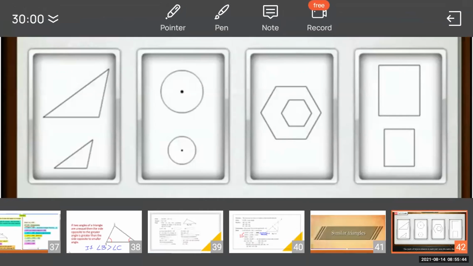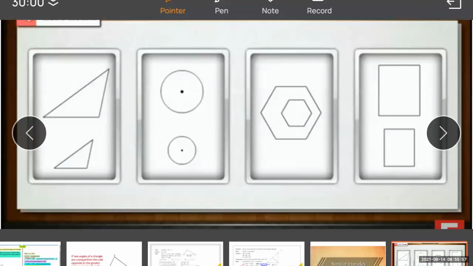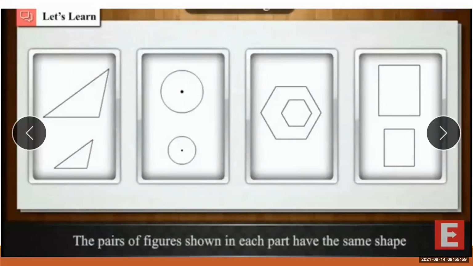So students, here, by observing these different shapes, you can easily say that each pair of figures is of the same shape, but their sizes are different.